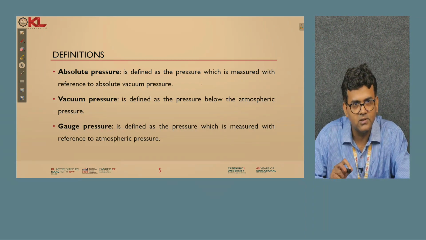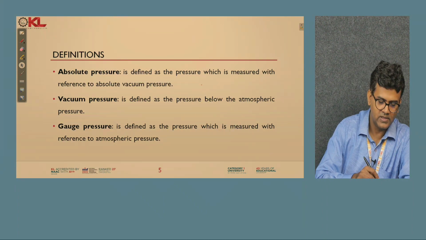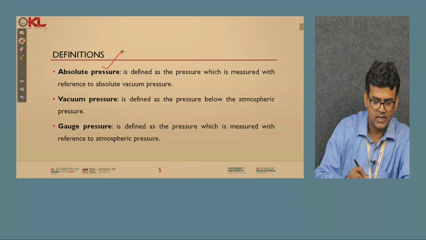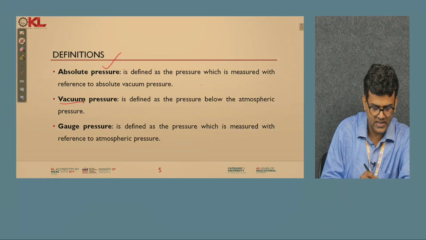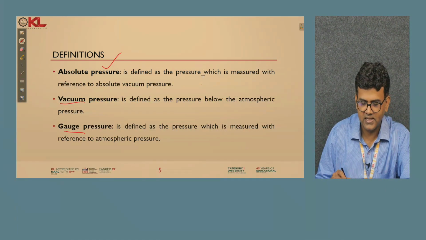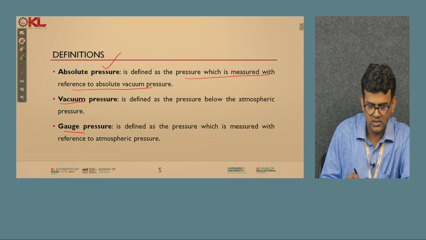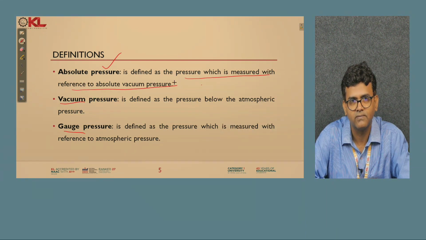Next we are going to discuss absolute pressure, vacuum pressure and gauge pressure, and the relation between them. Absolute pressure is defined as the pressure which is measured with reference to absolute vacuum pressure.